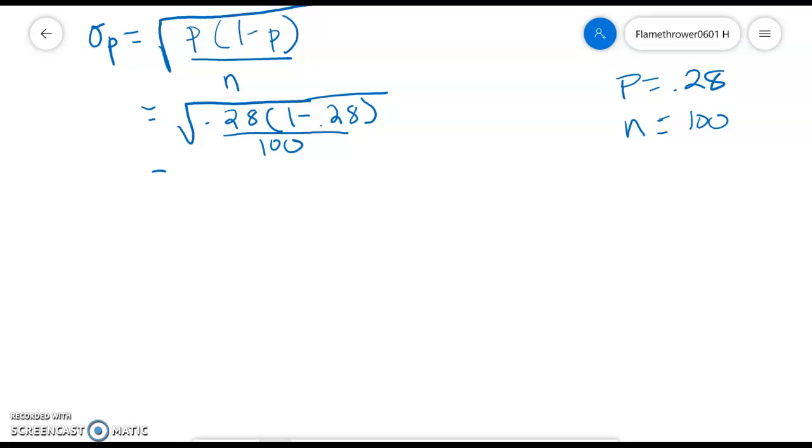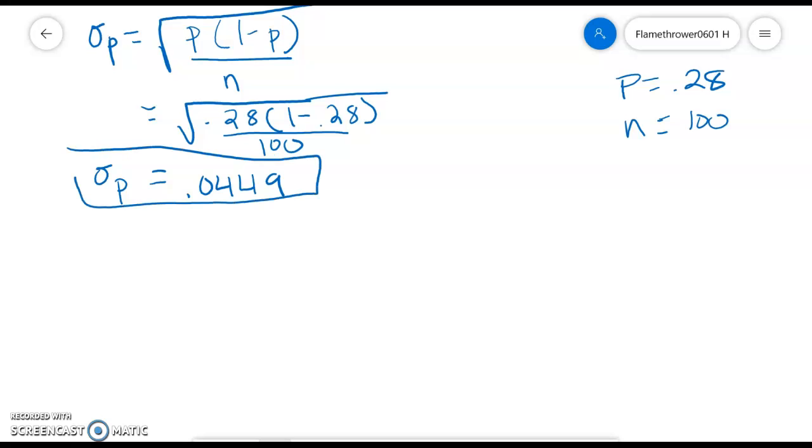So if we put that into our calculator, our standard error of the proportion is 0.0449. So that is step 1.